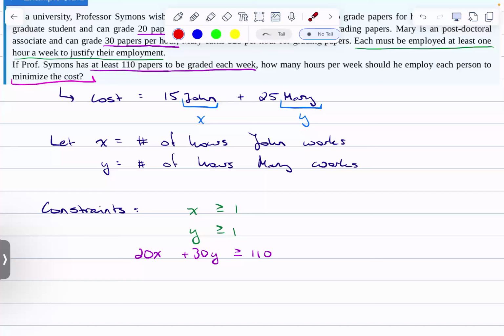I'm not going to write down X greater than or equal to 0, Y greater than or equal to 0, just because we've already restricted X and Y even tighter. So these are all my constraints that I can see. Did I miss any? Asking for a friend.